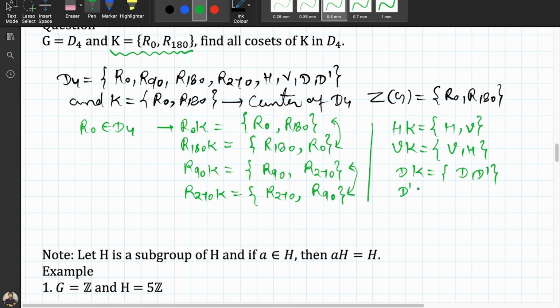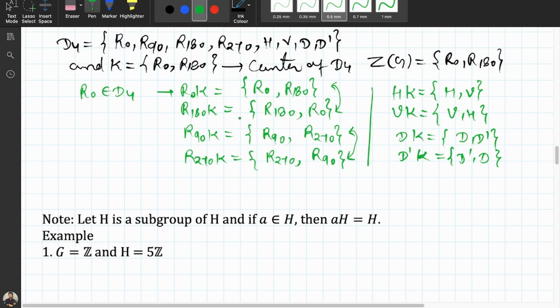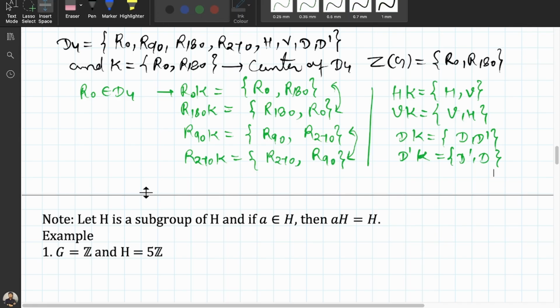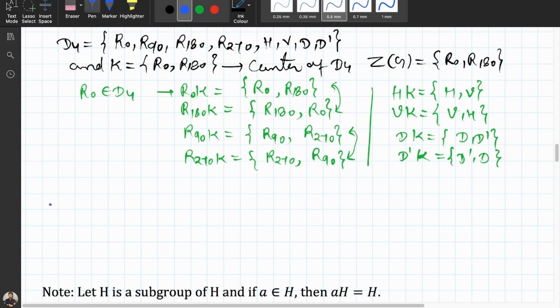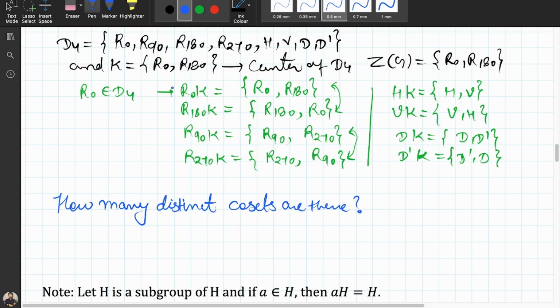Now how many distinct cosets are there? I am interested only in distinct cosets. Just see, these both are equal.